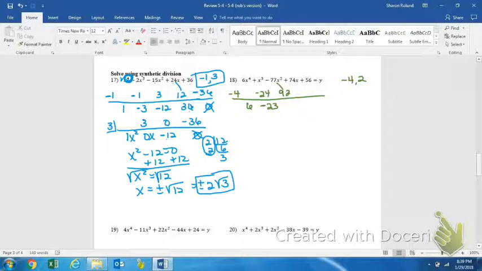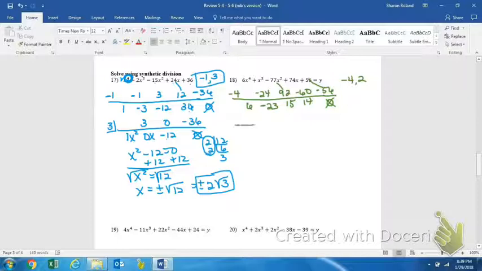Subtract those two, and you get 15. -4 times 15 is 60, but it's a -60. Combine those and get 14. -4 times 14 is -56. Combine those and you get 0. That's a remainder, so we know -4 is a solution.